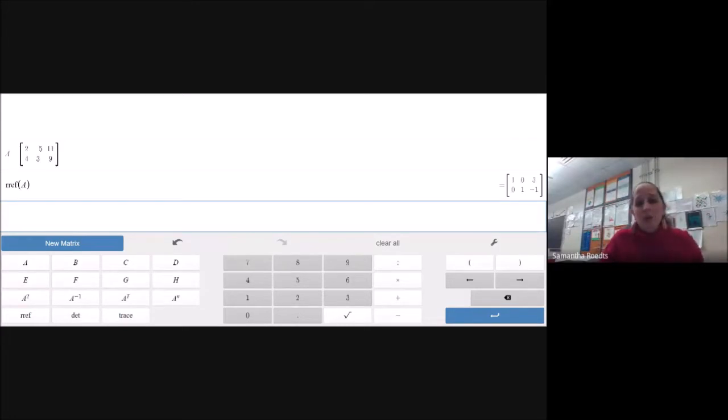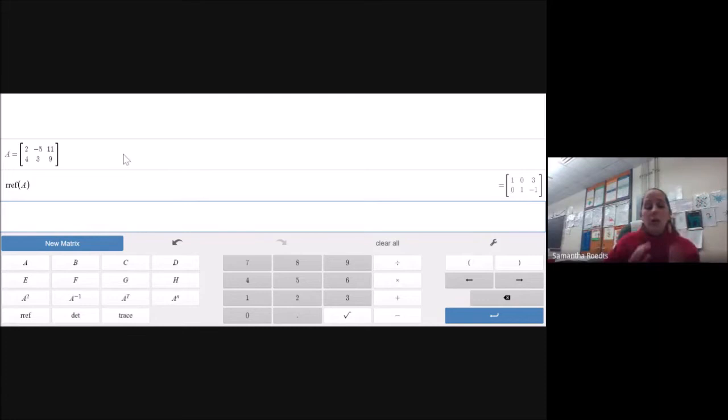You can use this calculator on any of your tests because you'll have a graphing calculator for keystones or anything like that that has to deal with this. So you will be able to use a calculator like Desmos or a graphing calculator like a TI-73 or a TI-83. They all have this capability of doing reduced row echelon form.